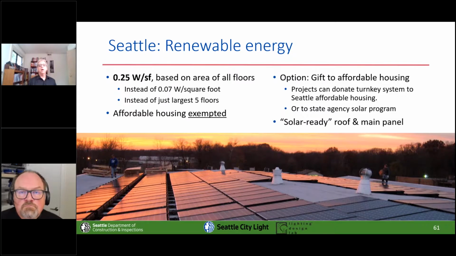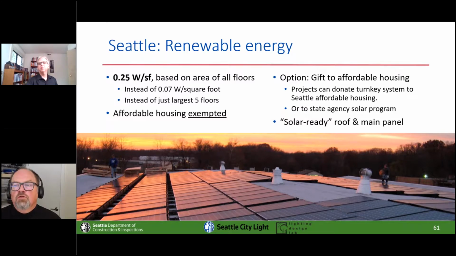Other projects that don't want to put that system on their roof, or take one of the other options, have the option to donate their requirement or part of it to an affordable housing project in the city or to a solar program at the state. Everybody still has to have the solar ready roof and the solar ready panel, but it'll be interesting to see if some projects who want to use, say, their entire roof space for recreation or something, start donating some of that to affordable housing projects.